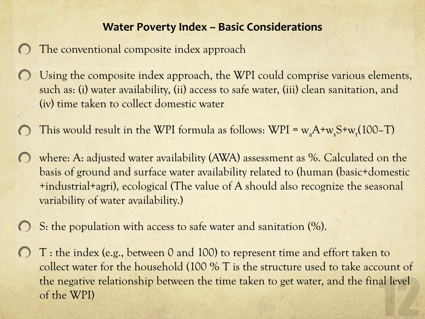And the example which we are going to look at here is based on various elements, meaning indicators for these various elements. For example, water availability, access to safe water, clean sanitation, and time taken to collect the domestic water. Now, she has discussed some of these elements in the earlier discussion when she was comparing existing indices in the economics or development side, or even the water assessment side.